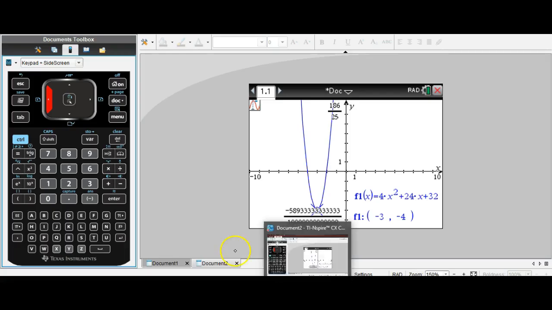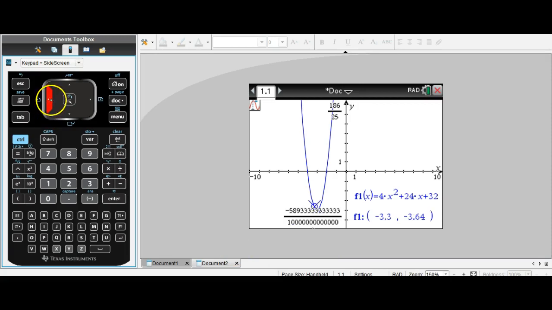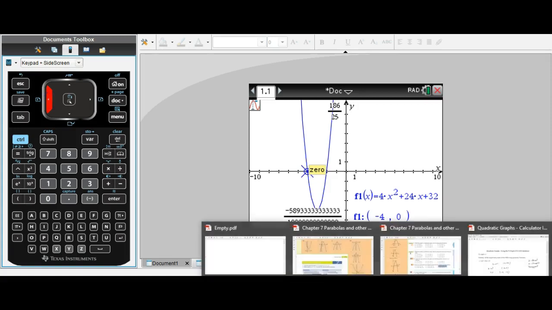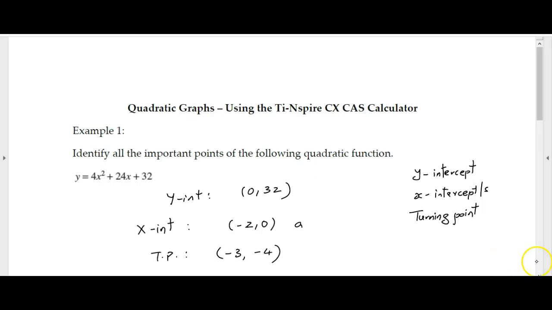And finally, my second x-intercept is minus 4, 0. So let's go back and note that down. And with that, we have identified all the important points for the given quadratic function. Now we can sketch that on graph paper, plotting those points and joining them with a positive quadratic curve.